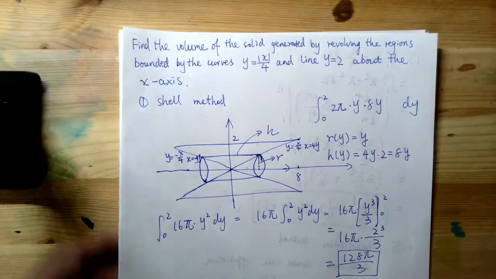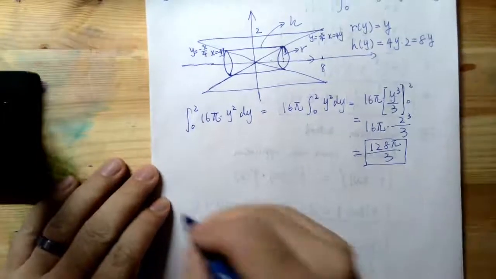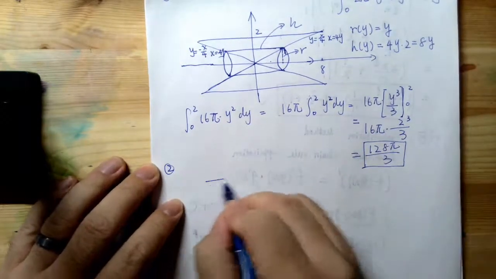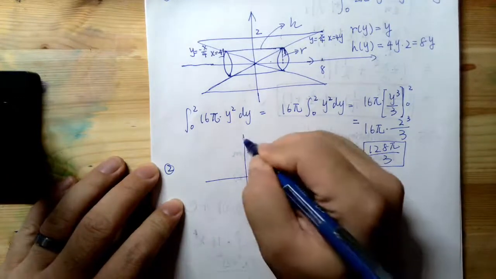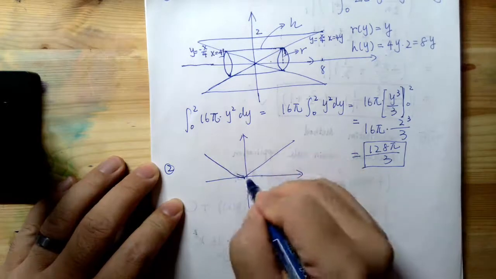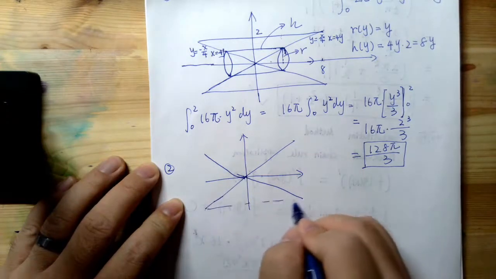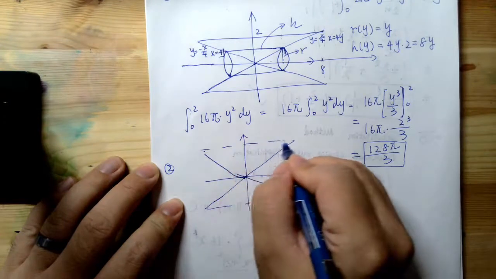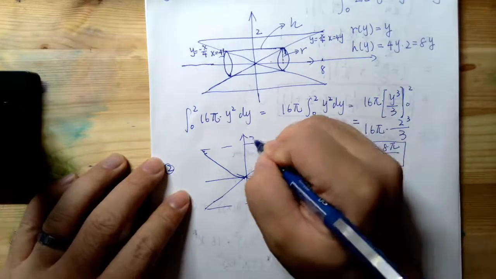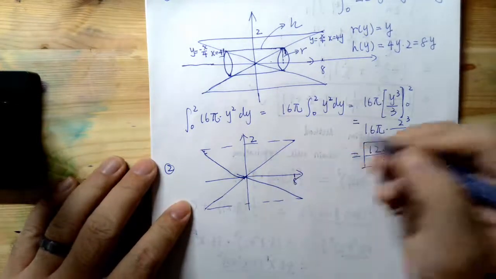Well, what about if we use the washer method? Well, we can definitely do that. So again, let me still draw this quickly. This is still 2, okay, and then this is 8.